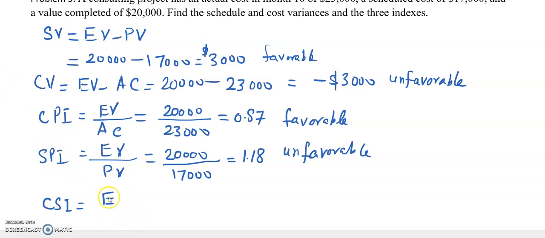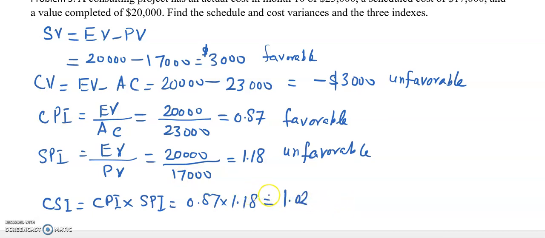So 0.87 multiplied by 1.18 is equal to 1.02. So the overall performance of this project is favorable.